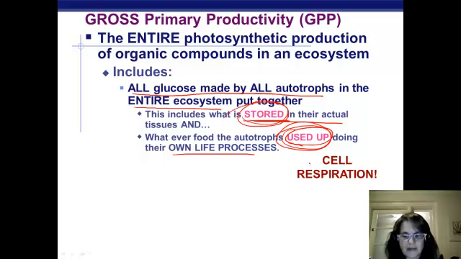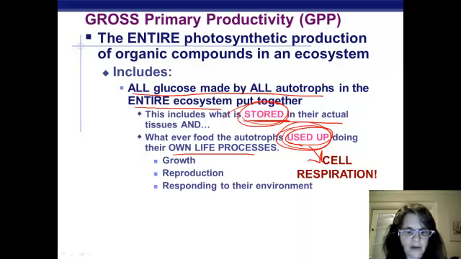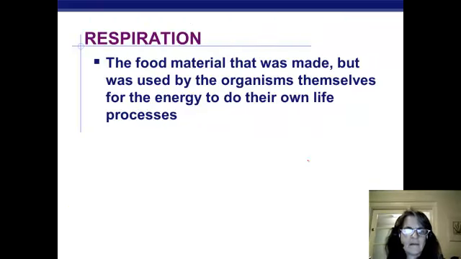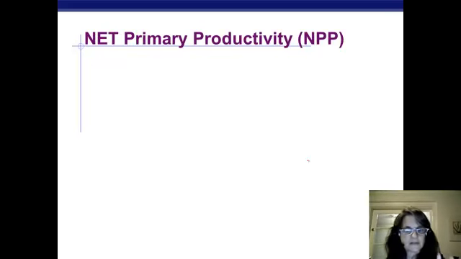And primarily they use that up in cell respiration, doing things to fuel their own life processes like growing, reproducing, etc. Okay? All right. Now, please remember what respiration is. Food material gets made but is used by the organisms themselves during glycolysis, Krebs cycle, electron transport to make ATP.